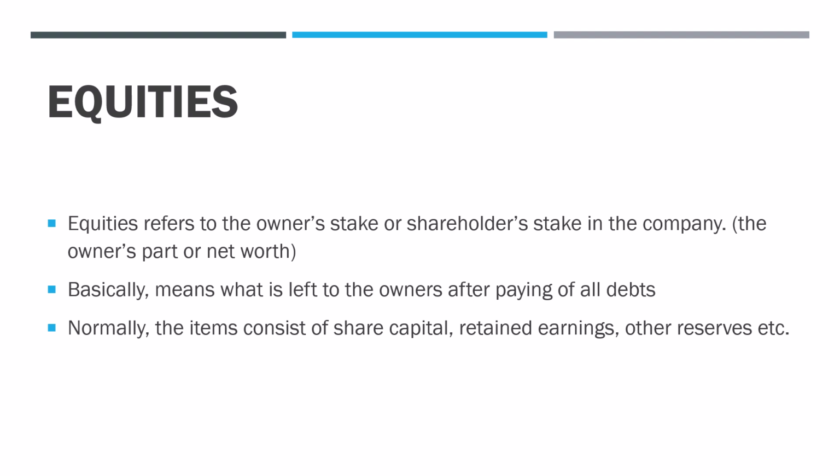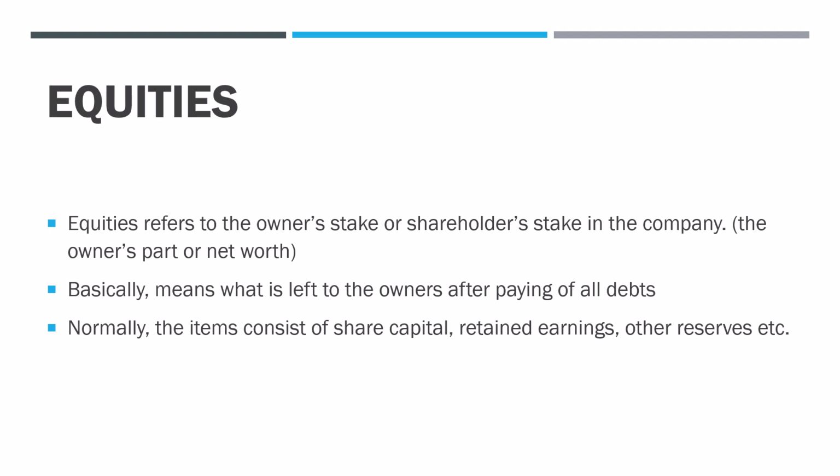Now, finally, we come to the third component, equities. Equities refers to the owner's stake or shareholder stake in the company. It's essentially the owner's part or net worth in the business. Equities basically means what is left to the owners after paying off all the debts.